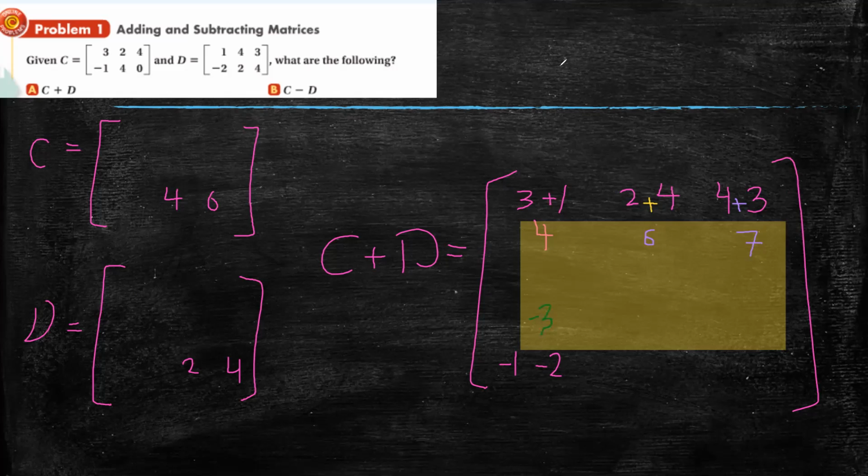Teacher, we will put it up, not down? Yes, it is here, because I'm going now to the second column. So if I combine them, it has to be in the second column. They must have the same shape.